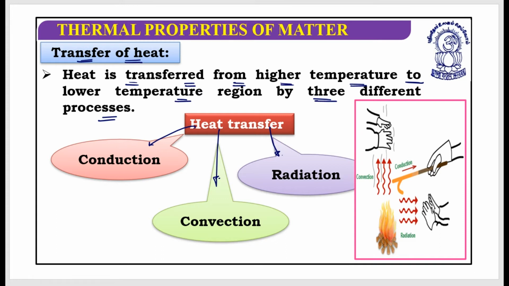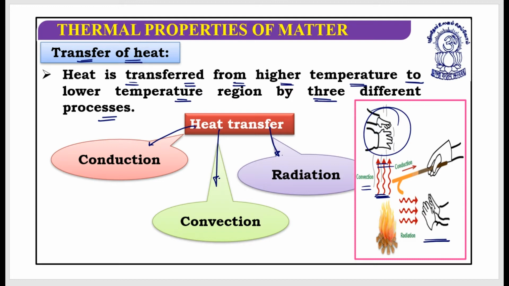Now this is a very effective diagram which will let you know what conduction is, what convection is, and what radiation is. Let's suppose this is the case of convection, where energy has been transferred from the lower region to the higher region, and a person has kept his hand over here.